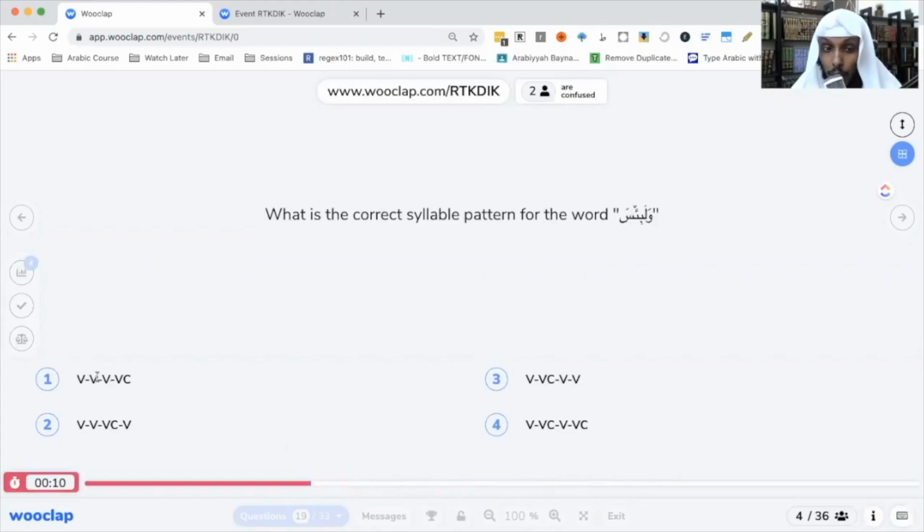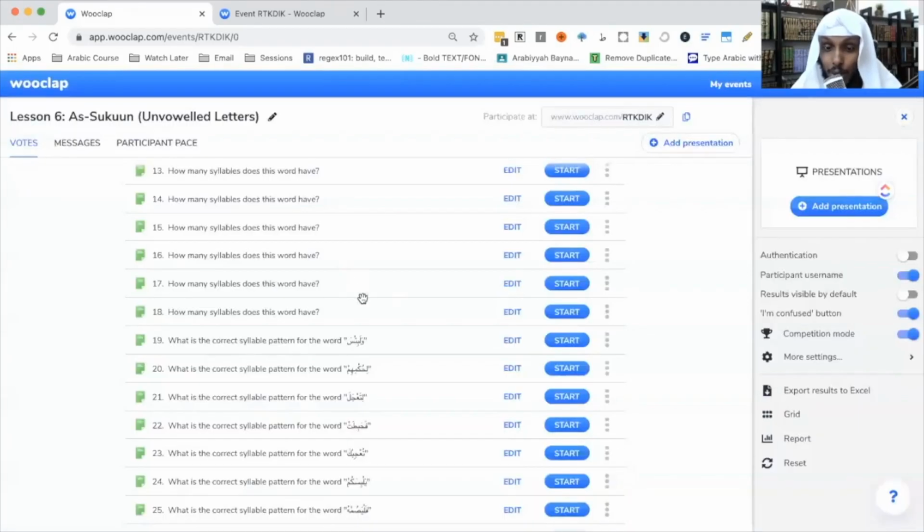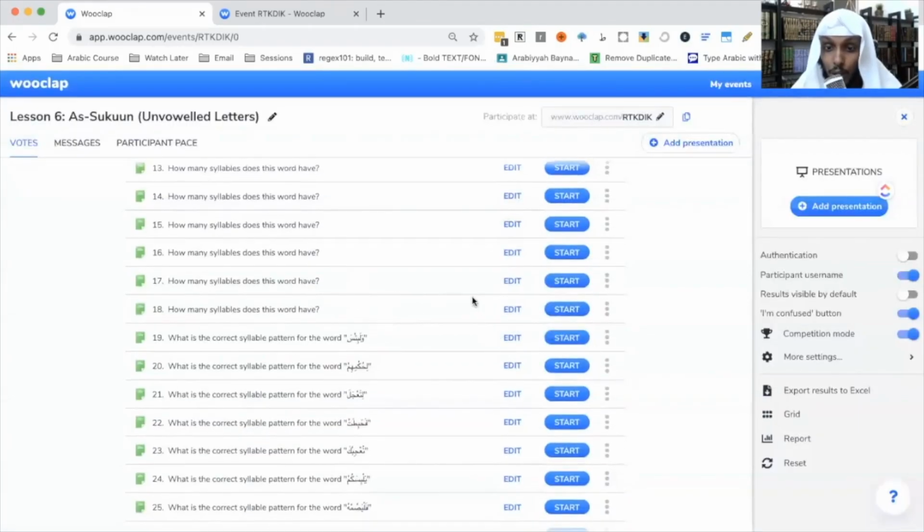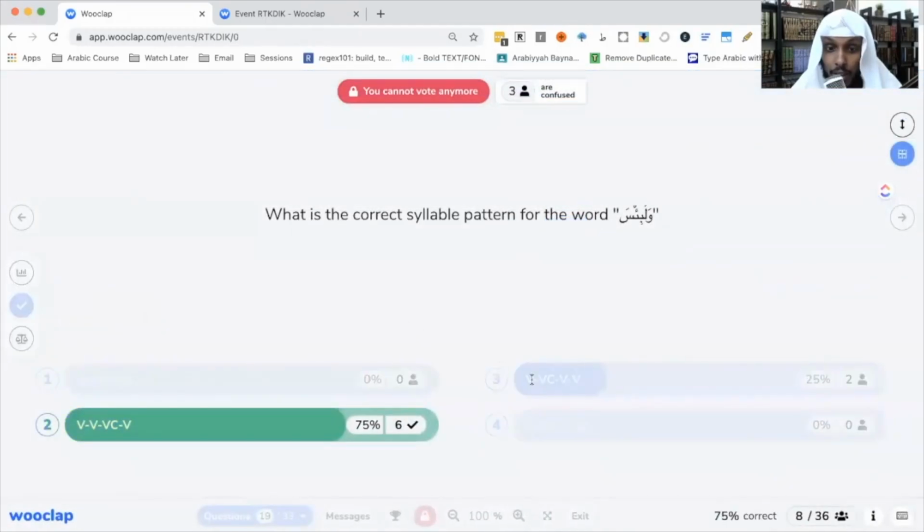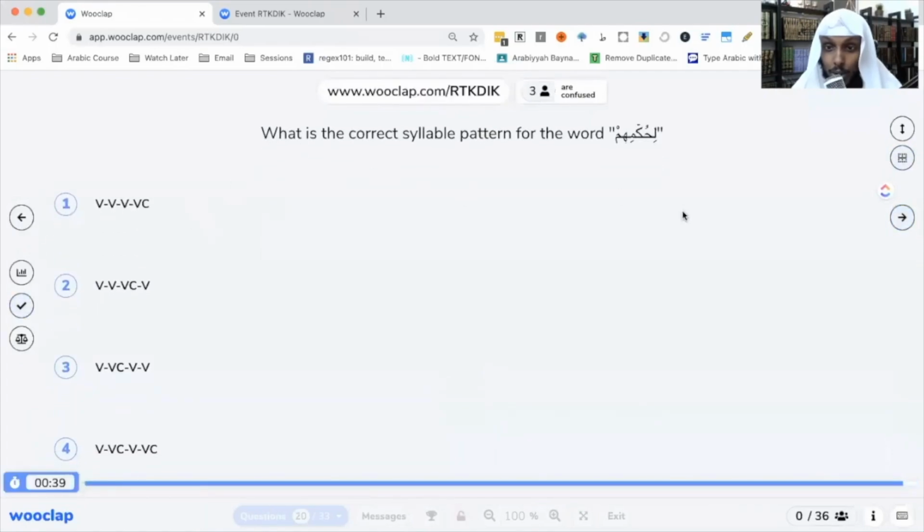La, another vowel. Bi, that sounds like a vowel and a consonant, and then sa. Some of you answered it anyway. Let's see if you got it right. Yeah, 76%. Mashallah, not bad. So it's vowel, vowel, vowel, consonant, vowel. Okay, let's do another one then, mashallah, since you've done such a good job.